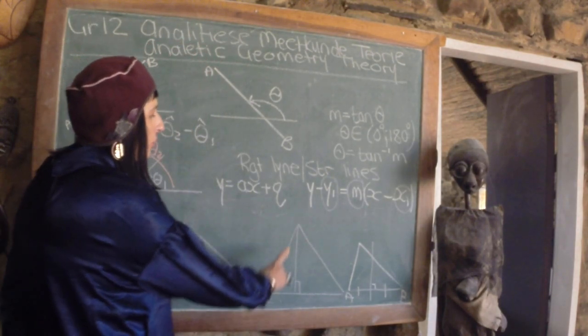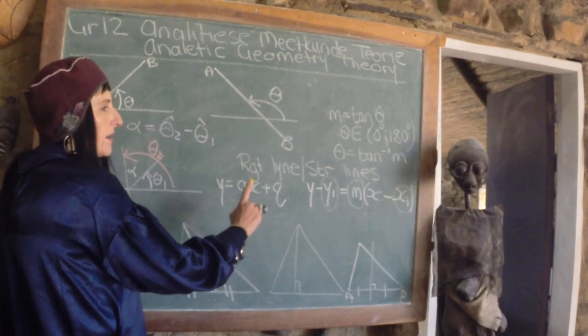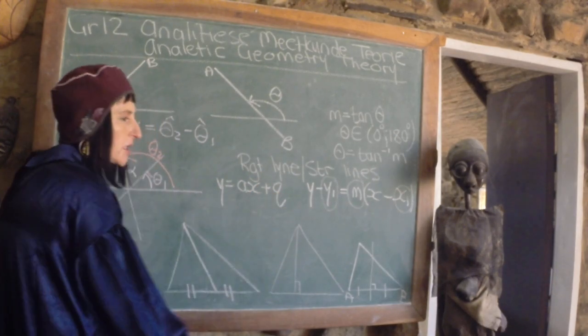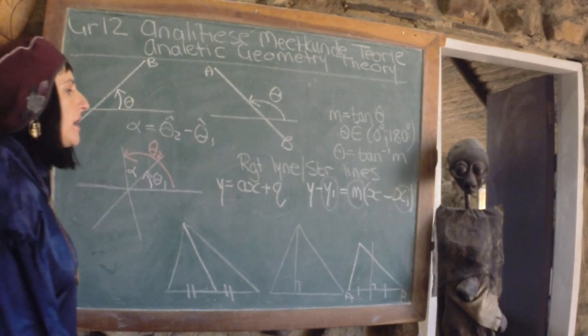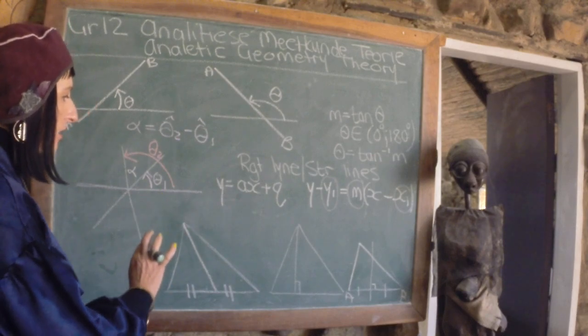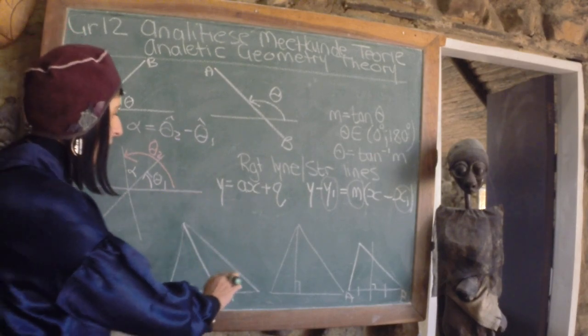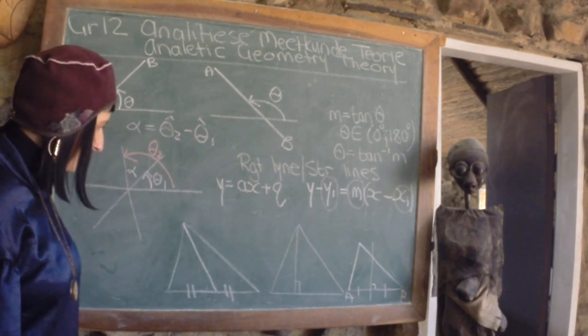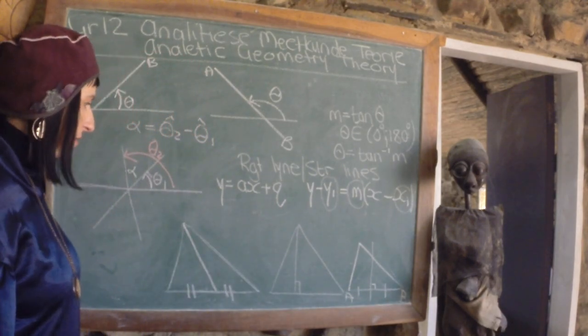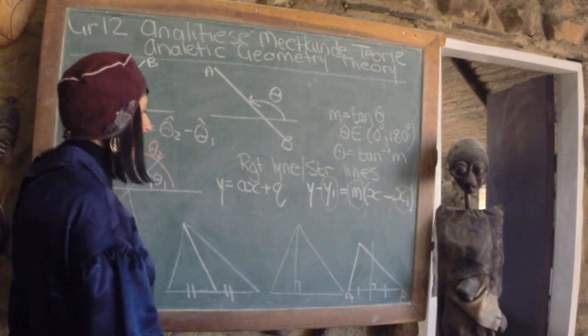Dan het ons 'n hoogtelyn. Dis 'n lyn wat van die hoekpunt van die driehoek getrek word tot op die oorstaande sy van die driehoek en hy maak 'n 90 grade hoek. There's only a 90-degree angle to be seen. There's no dividing the opposite side into equal parts. Dit is 'n hoogtelyn.